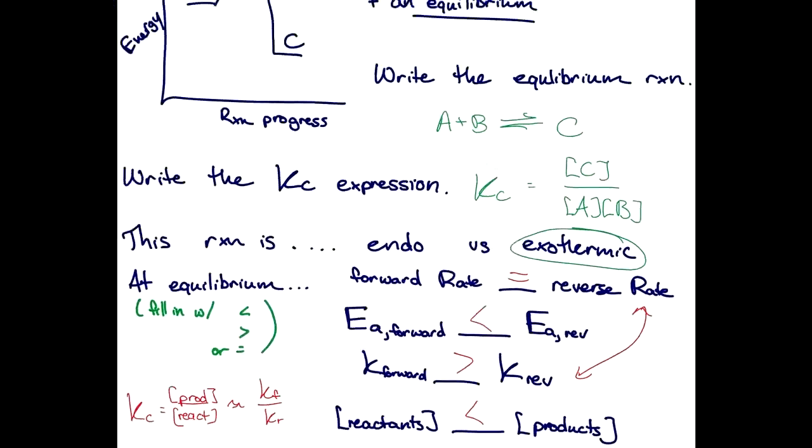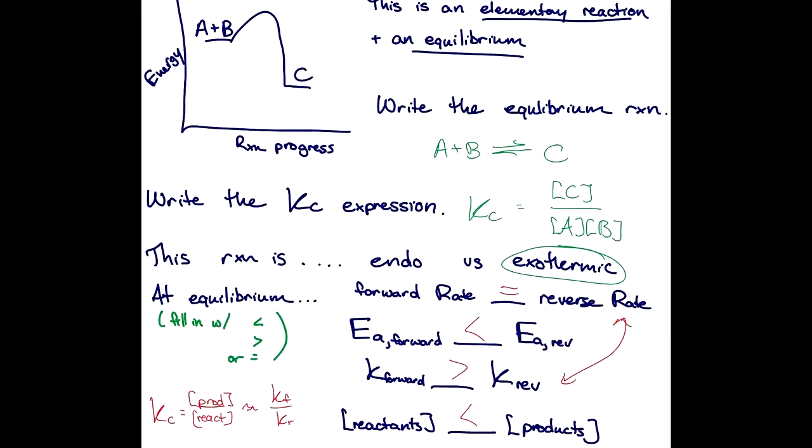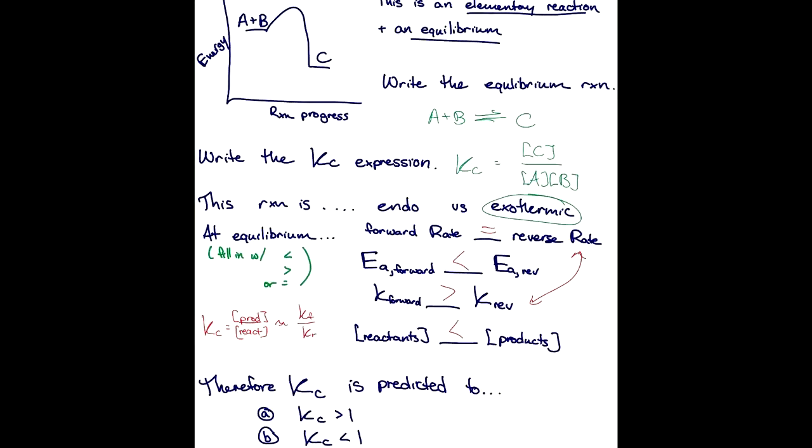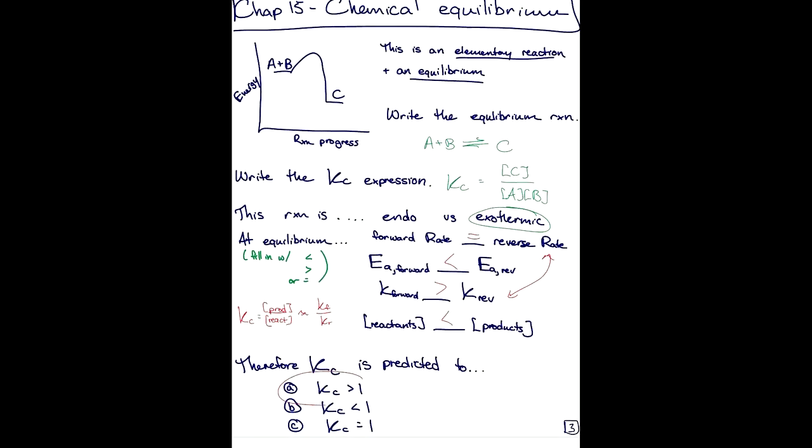So based upon our answers we just got, whichever one you use, you'll get the same answer. K for this reaction is going to be what? A big number or a small number? Big number, yes. I think the answer is A, greater than 1. Because you're going to have a lot of products at equilibrium. Or you can think, the forward rate constant is going to be a lot faster.